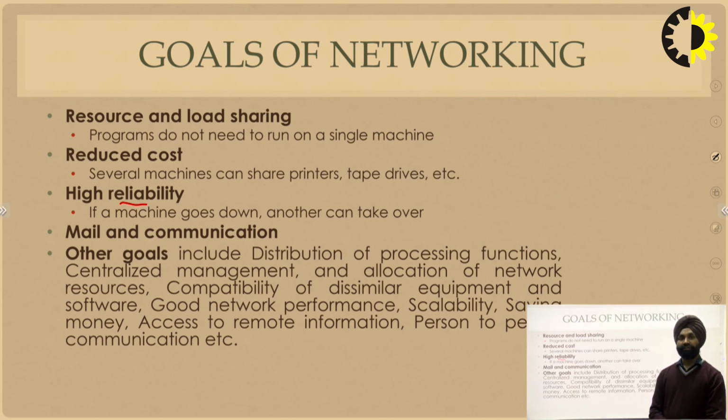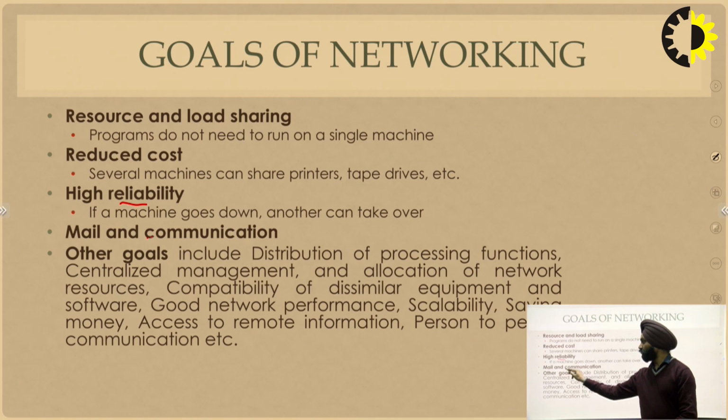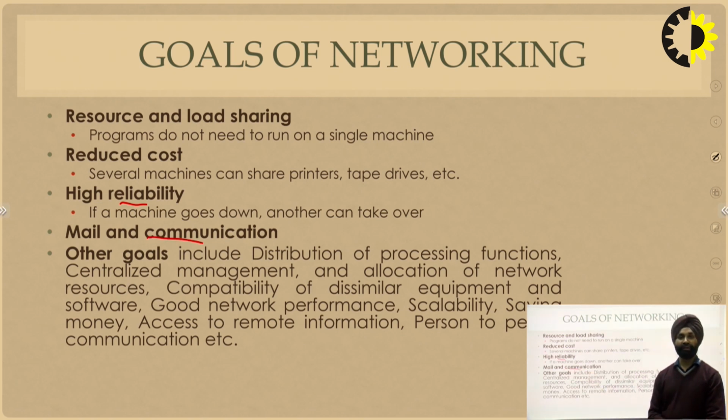Also, if we want a broader picture of the internet network, we can send mails and set up communication through these networks. Other goals that are included are distribution of the processing functions. For example, a single function is being done, and we can divide that function into a number of steps, and these steps can be distributed over the network devices.